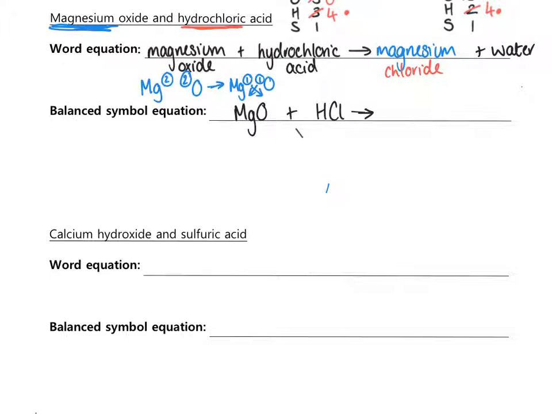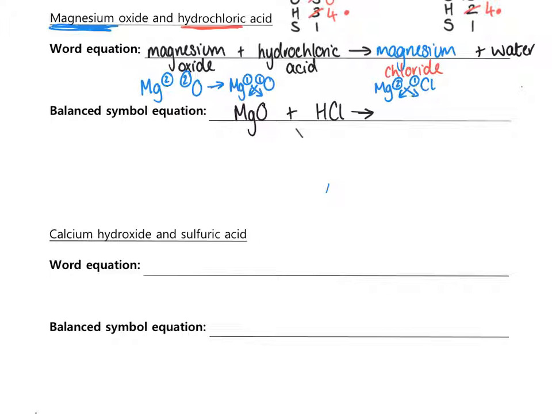Magnesium chloride then. Again, this is just a very simple version of my swap and drop. I use magnesium, and for chloride I use chlorine. Again, don't overcomplicate that. Magnesium is group 2, so it has a valency of 2. Chlorine is group 7, so it has a valency of 1.